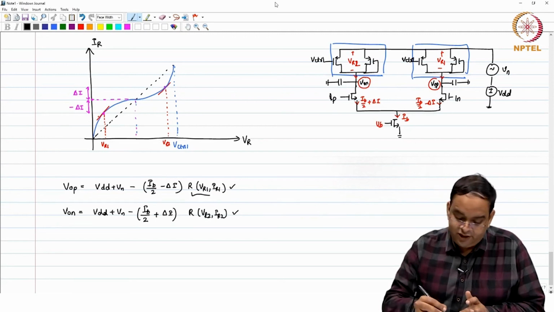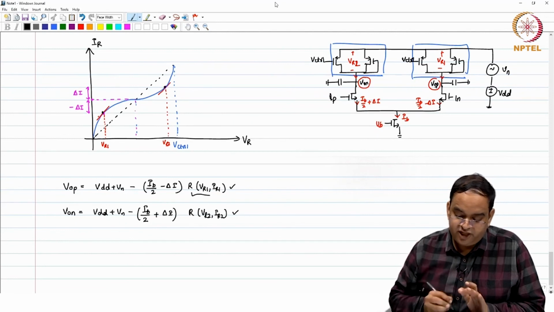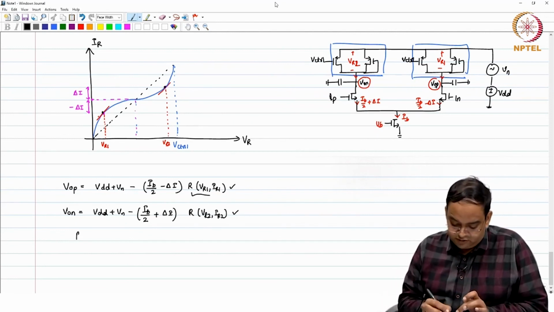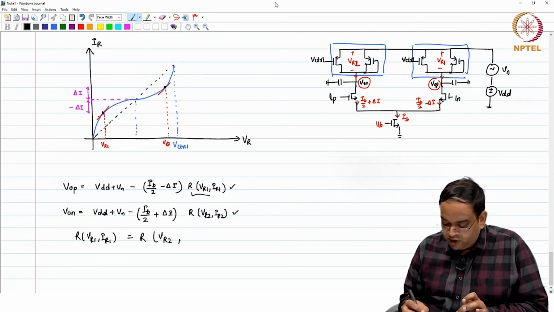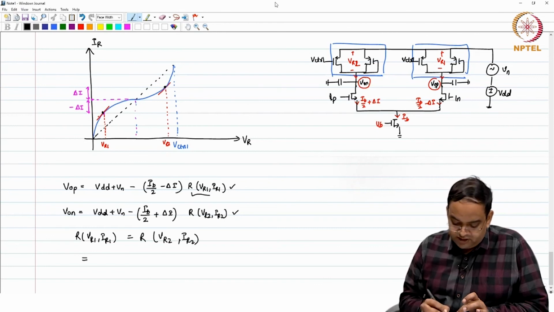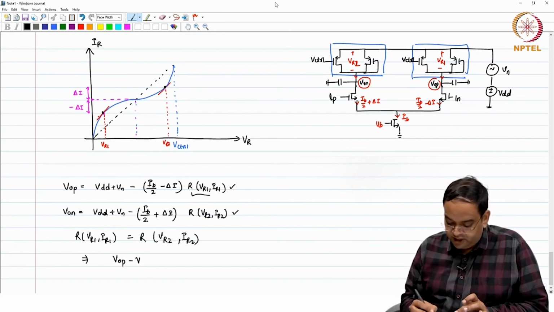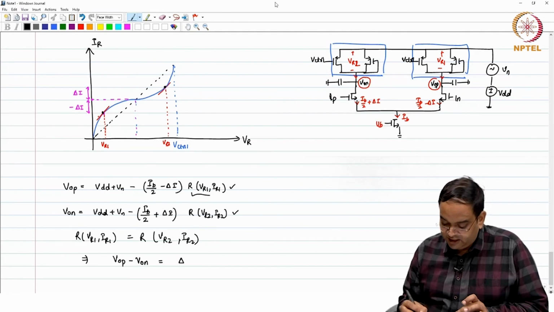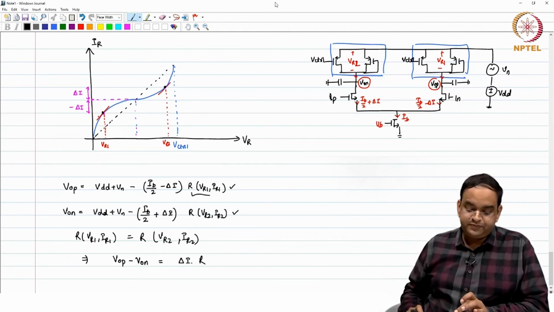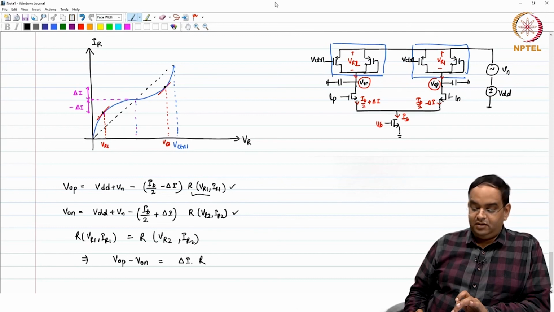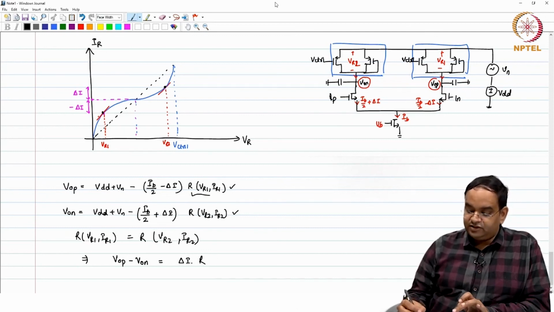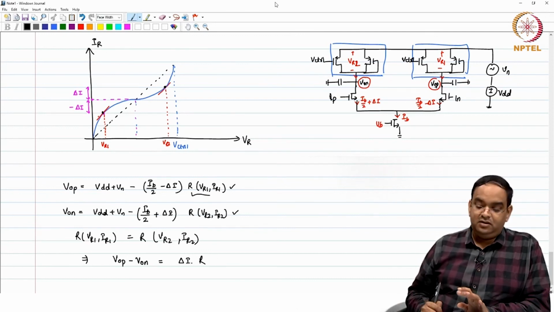And this resistance value is the slope. As you see at these points, the slope is the same. So, since we have VR1 equals R times IR1 and VR2 equals R times IR2, this implies that VOP minus VON is going to be delta I times R. Okay. So, your supply noise is not affecting the resistance, it is actually getting cancelled out, right.